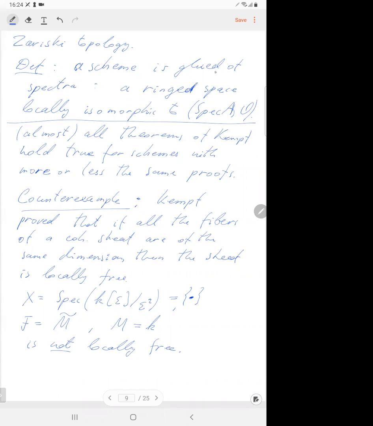You may say it like that. But if you take the coordinate cross, so the ring is polynomials in x, y modulo x times y, then there will be 2 generic points. One generic point will be rational functions in x, another one rational functions in y.